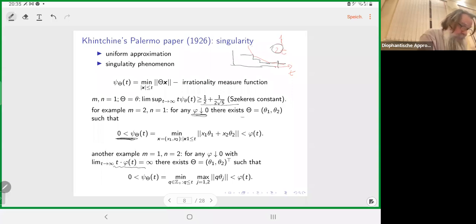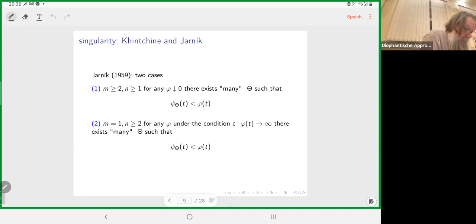So for a linear form, you can take a function which goes to 0 arbitrarily fast, and it is clear, because if we restrict this value by just one component, we have the one-dimensional case, and we do not have any improvement in the one-dimensional case. So I recalled Khintchine's paper, and then I would like to recall a general result which appeared a little bit later.